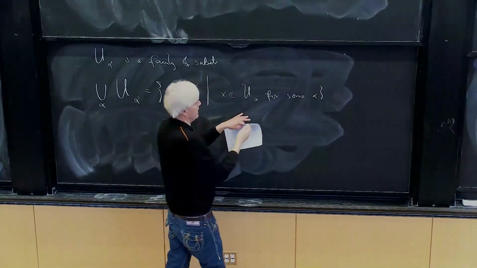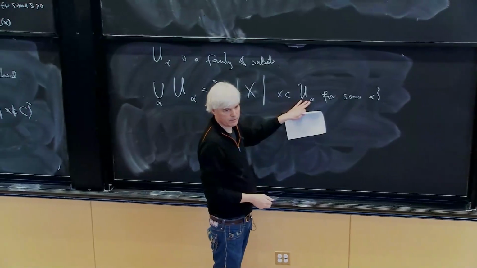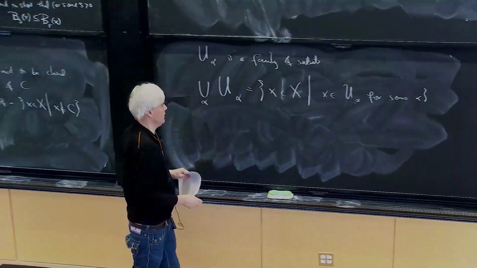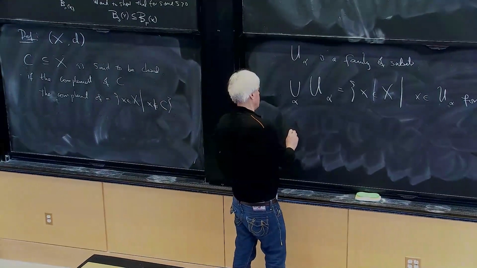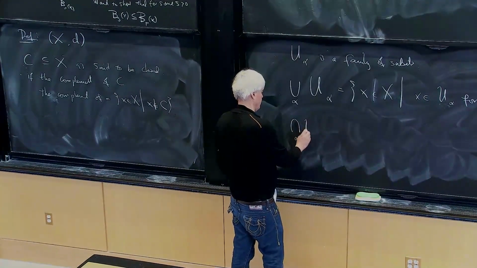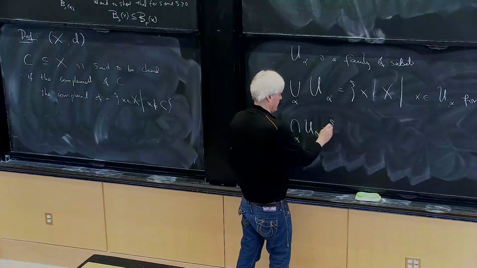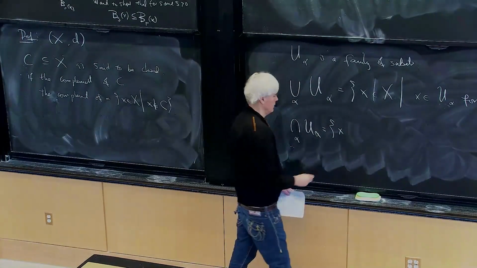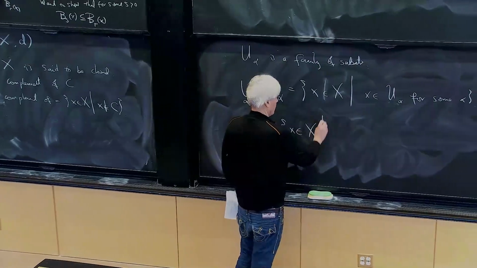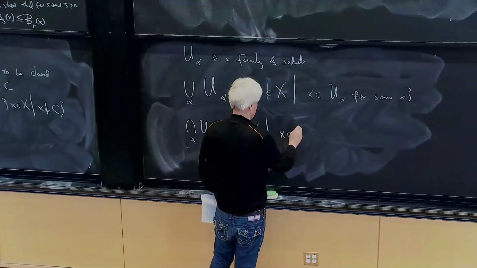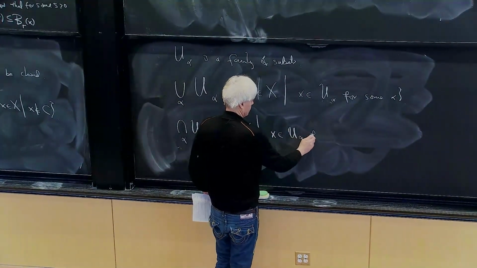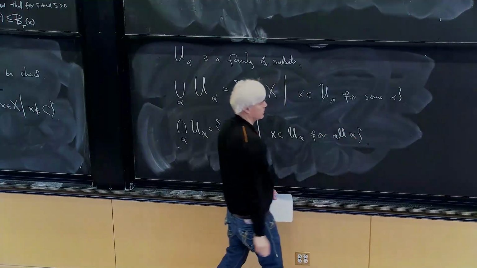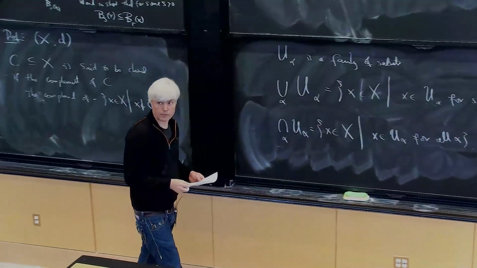It could be in many of the U alphas, but it has to be at least one. So this is the union of a family, and likewise the intersection of a family is the X in X where X is in U alpha for all alpha, so it has to lie in all of them. Okay, that's the union and the intersection of a family.